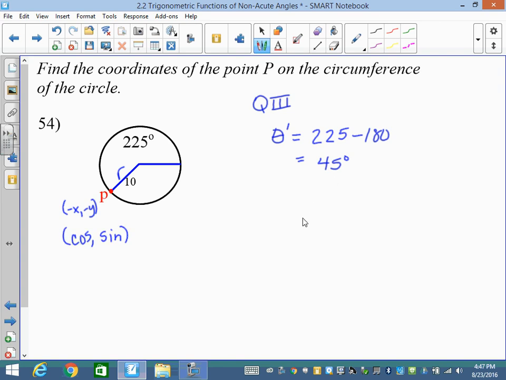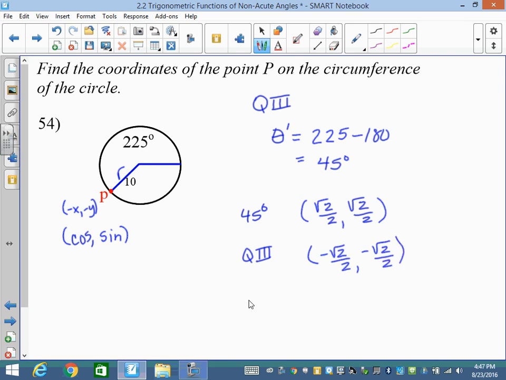So at 45 degrees, my cosine and sine value is radical 2 over 2. But I'm in quadrant 3, so they're both negative. So we put negative signs on. Negative radical 2 over 2, negative radical 2 over 2.